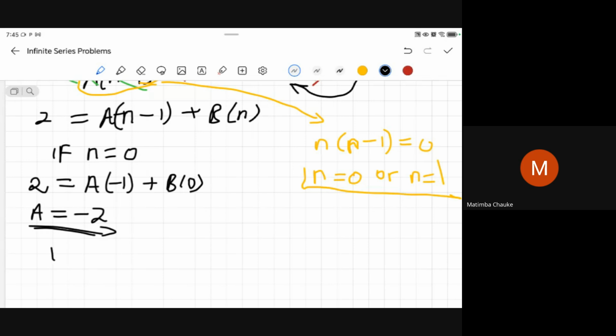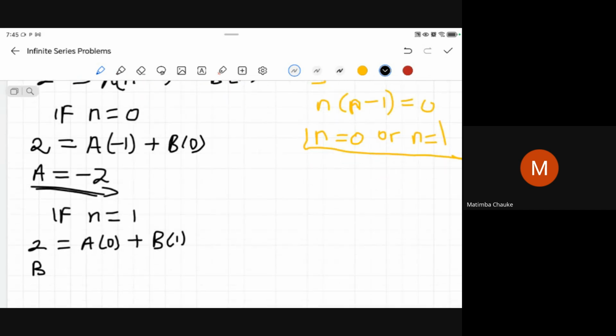Now if n is equal to 1, I'll have 2 is equal to A times 0 plus B times 1, and then B would be equal to 2.